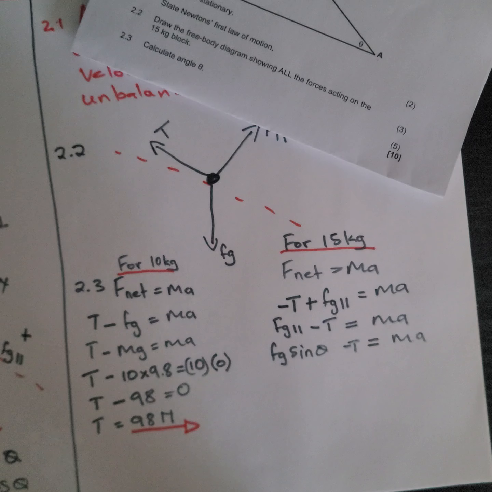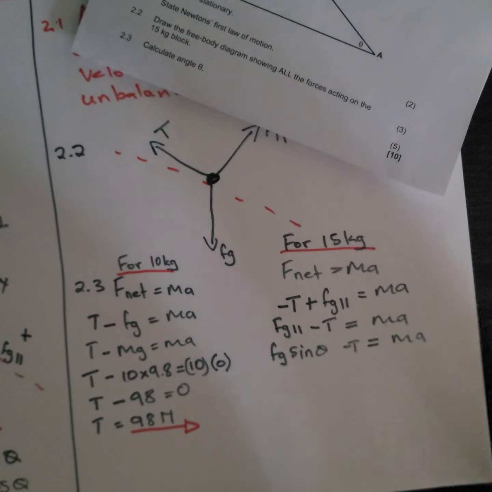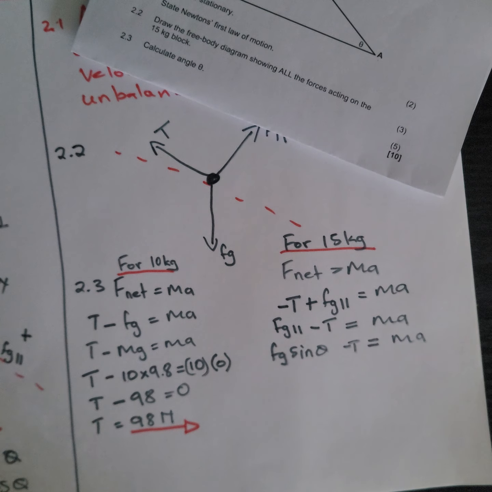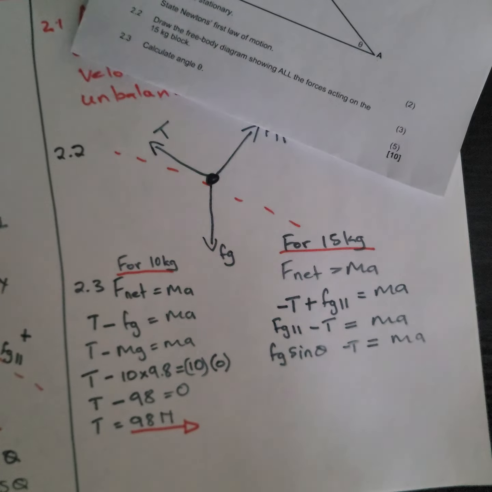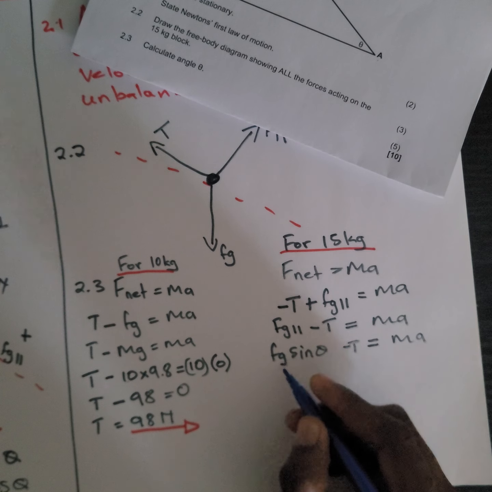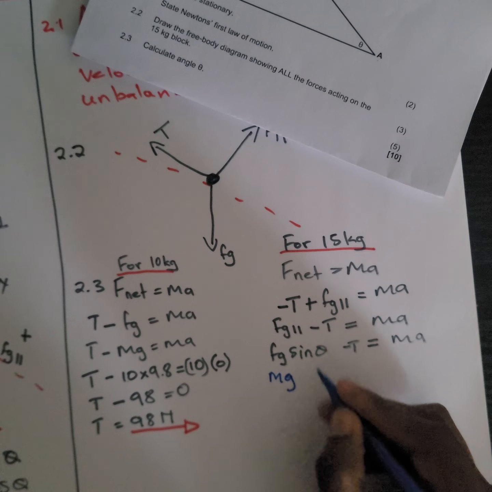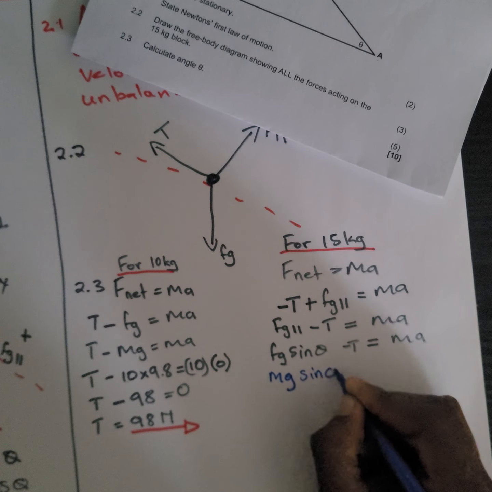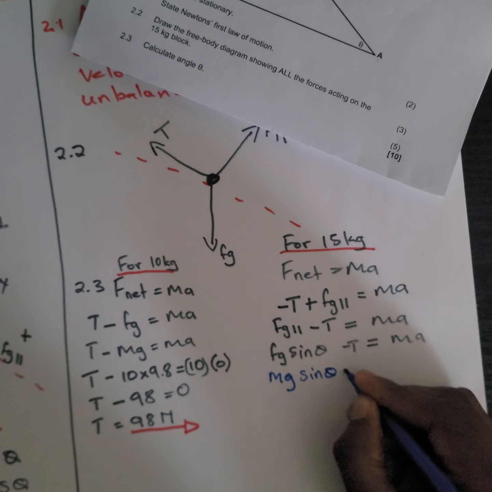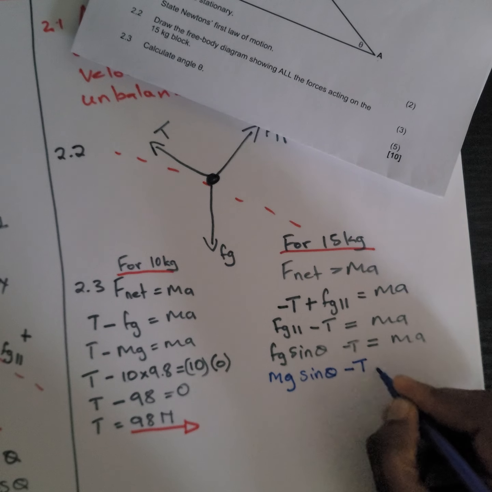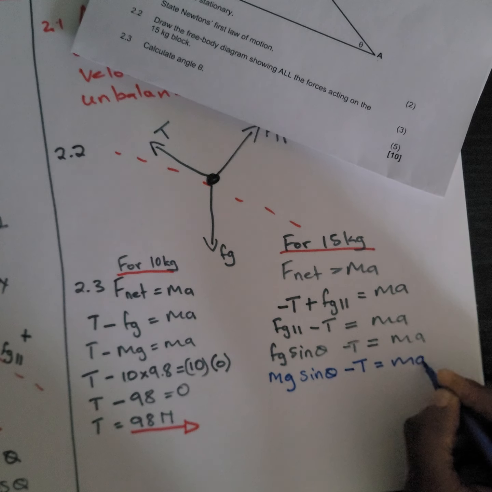I hope you can see that, ladies and gentlemen. So let me rather use the blue one here. So Fg, we know that Fg is equal to mg sine of theta minus the tension is equal to ma.